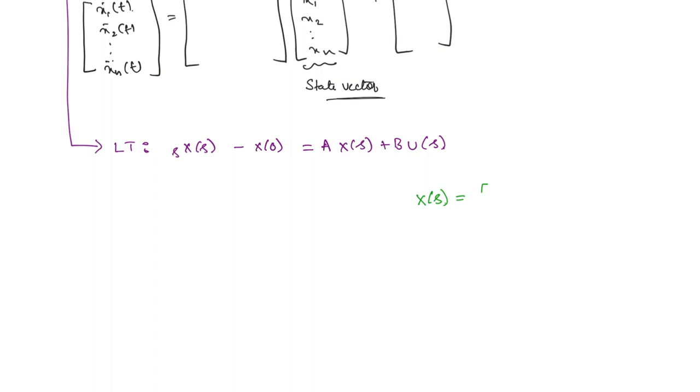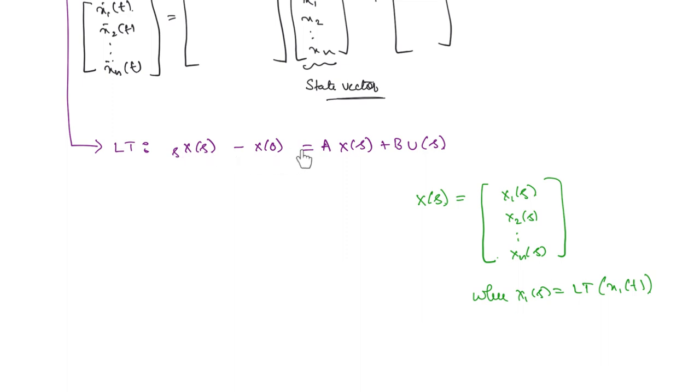X of s is the matrix x1 of s, x2 of s and so on till xn of s, where x1 of s is the Laplace transform of x1 of t. Similarly, x2 of s is the Laplace transform of x2 of t, like that. Because we are writing in the form of an equation, you should not get confused as to whether this is an actual matrix or a simple single signal.